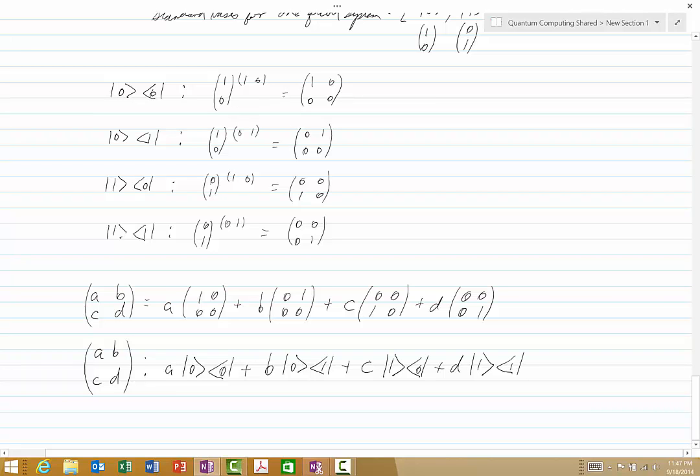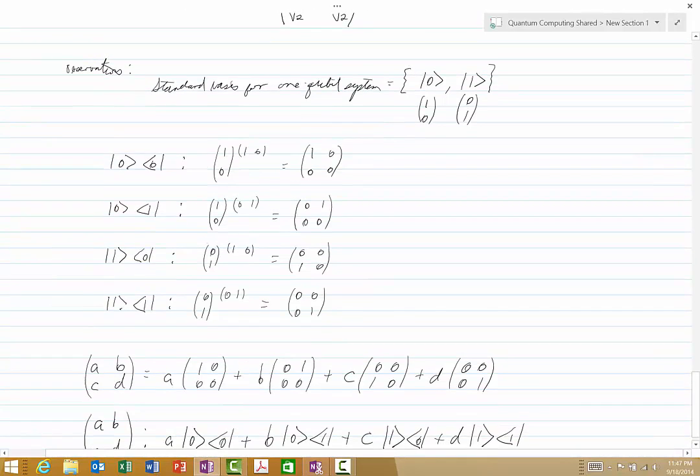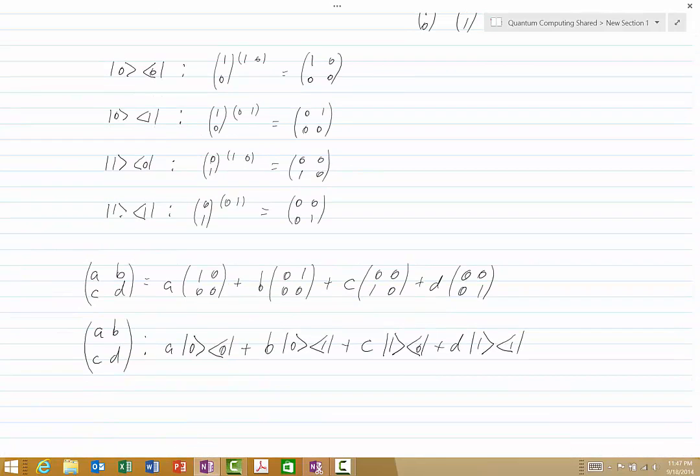And now that we see that, it becomes a trivial matter for us to write down the operator in bracket notation corresponding to any 2 by 2 matrix.